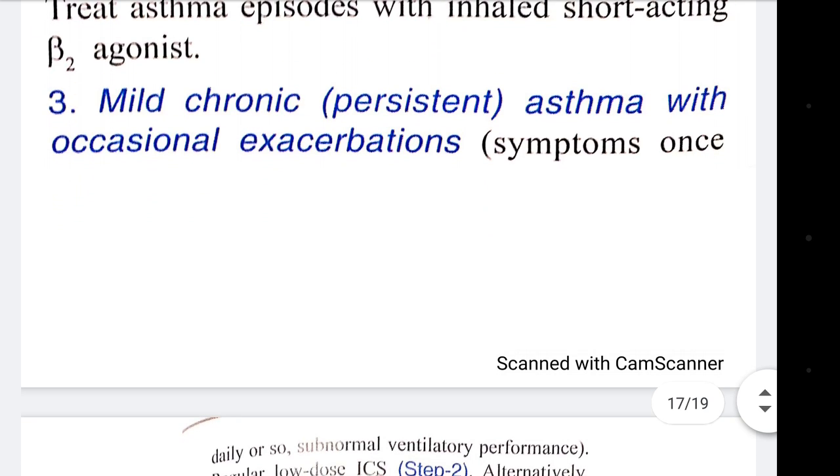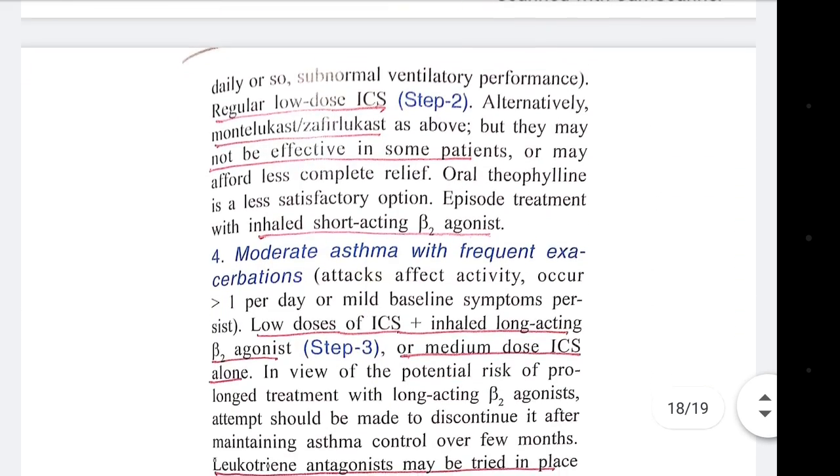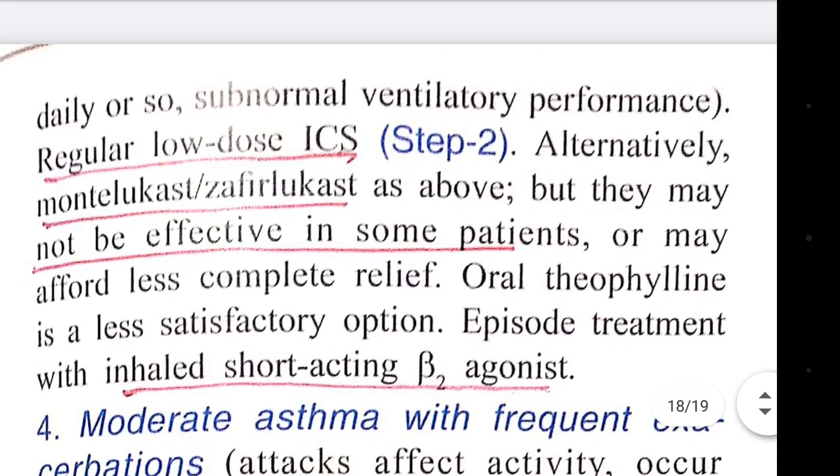Next is mild chronic persistent asthma with occasional exacerbation. In that case you give low dose of ICS, inhaled corticosteroid. Sometimes you give montelukast and zafirlukast.